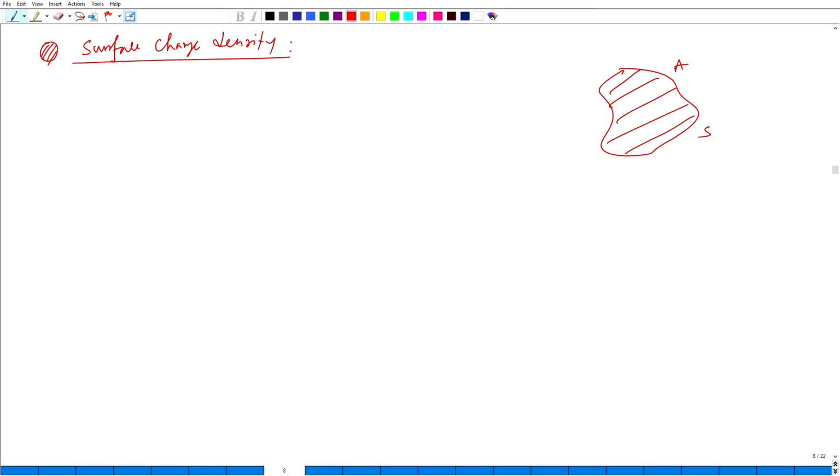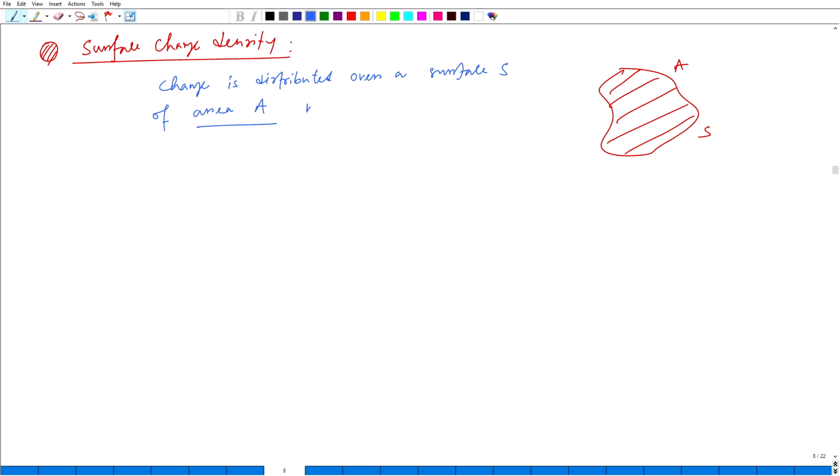Suppose you consider a rod and the length of the rod is L. In this case we consider a surface S of area A, and the charge is distributed over the surface S of area A.